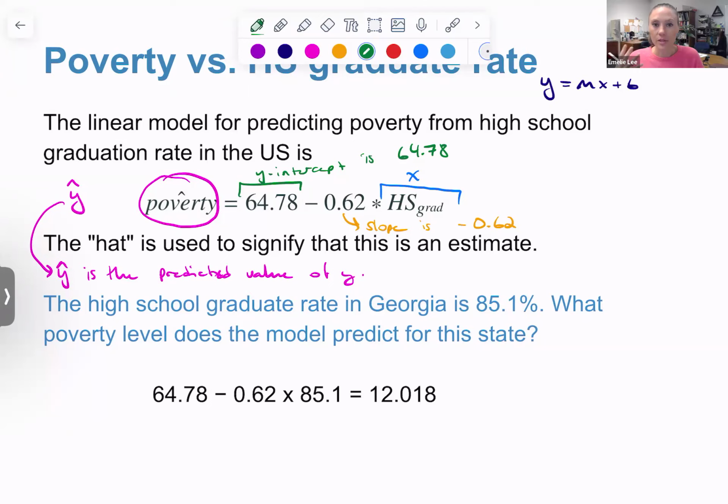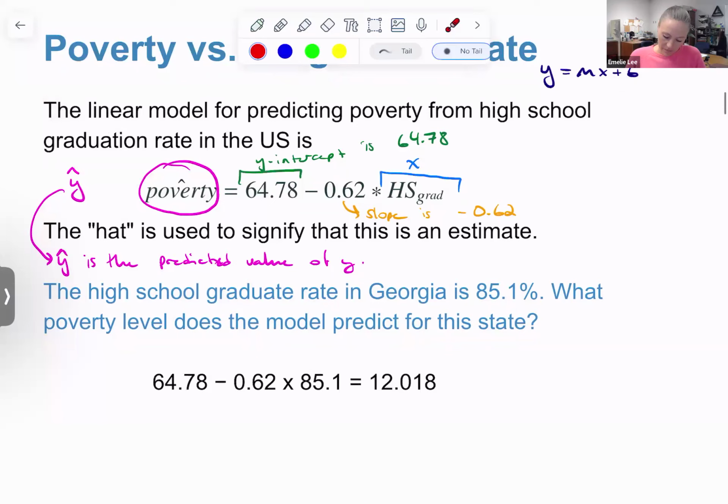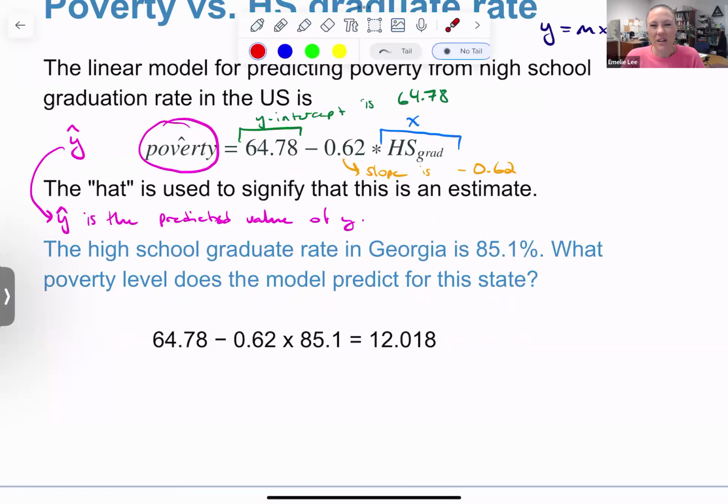Now we're just given these values. We're going to see how to solve for these values later. But what we said was, our ultimate goal is to use this line to predict values.